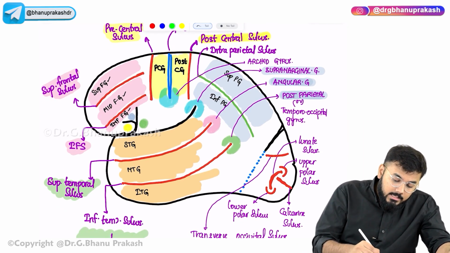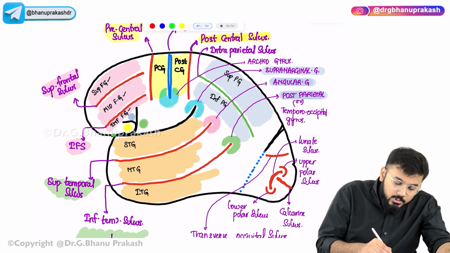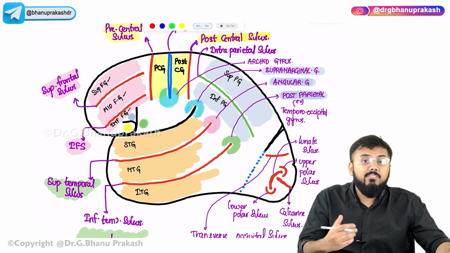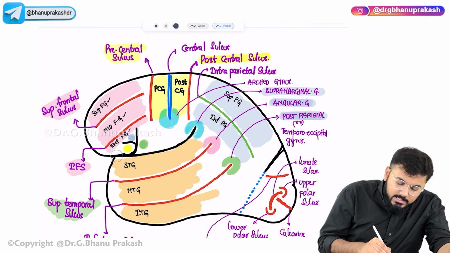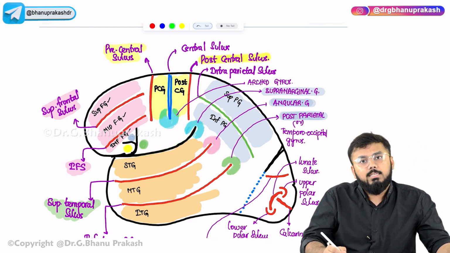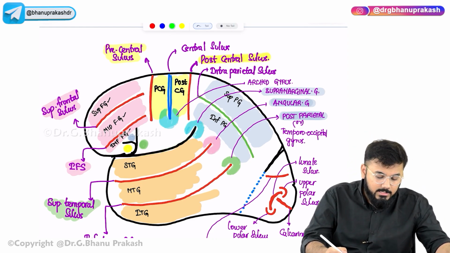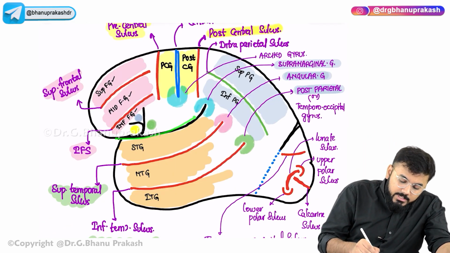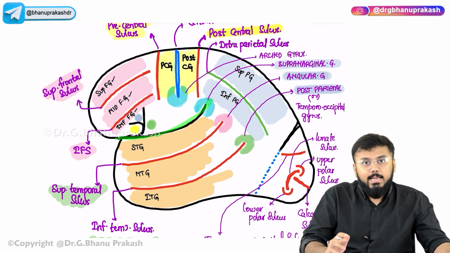Now, if you look here, this particular sulcus which I have drawn in the center is called the lateral sulcus or Sylvian fissure. This sulcus which is present laterally is called the lateral sulcus.